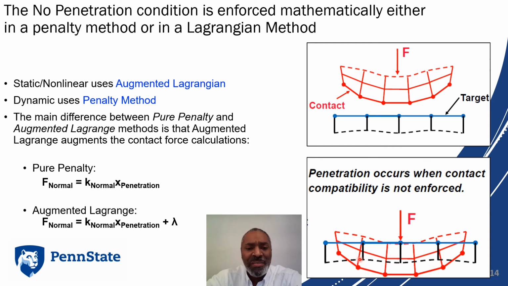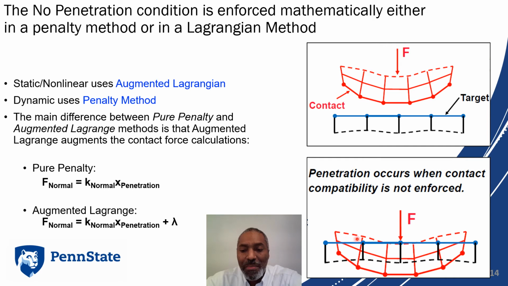How do you do these force calculations using these two different methods? If we're using a penalty method, that's a pure penalty method. In a very simplified sense, we assume that there's some spring constant that tells us how stiffly a force is going to push back against a body if it is some depth below the surface of another body.